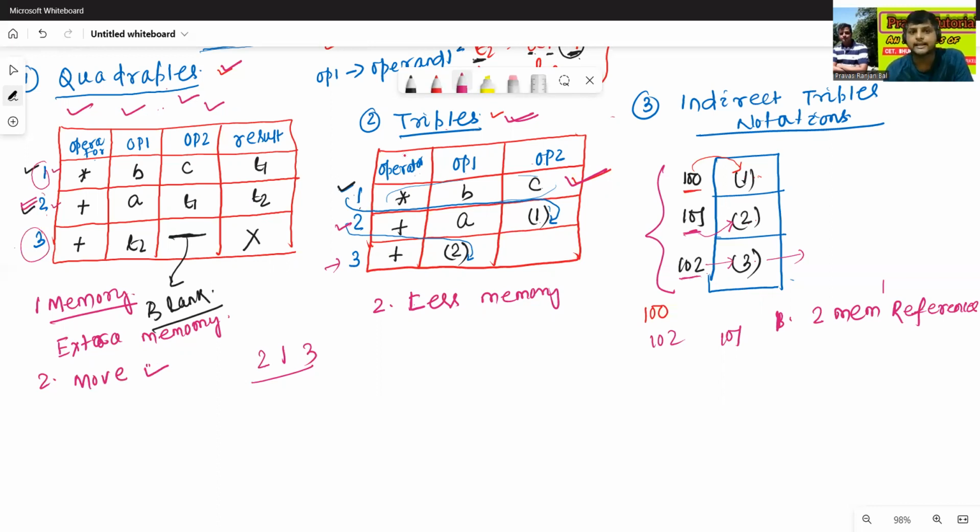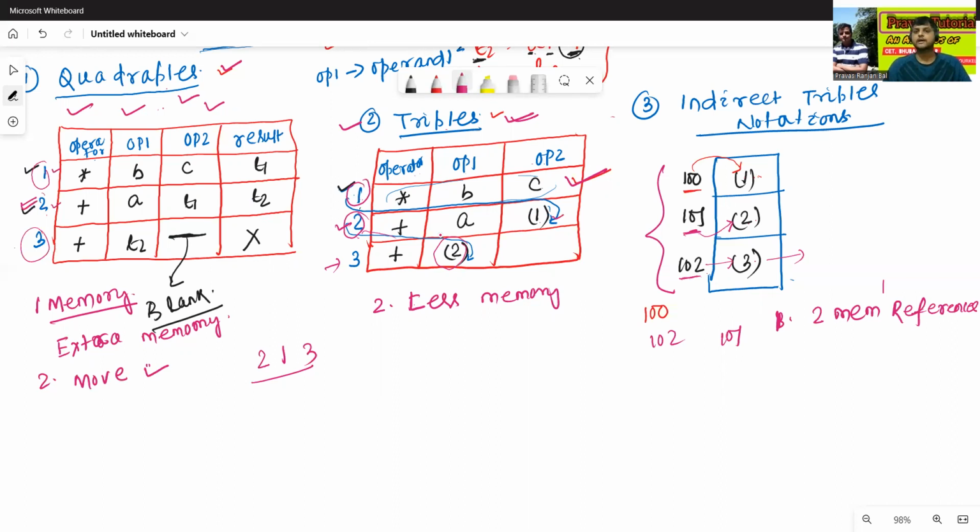But in case of triples notation, suppose I change the order here. See, the first reference is used in the second, and the second reference is used in the third. So we cannot change the order here.